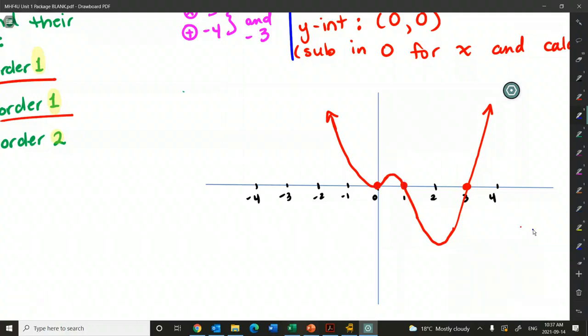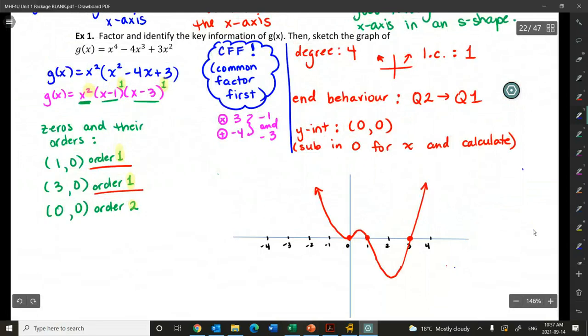I really don't know. Usually if you're doing a turning point in between 2 zeros, it does not go particularly high. But again, I just want you to have the correct behavior as you go toward your intercepts, correct end behavior, and correct x and y intercepts. That's pretty much all I'm looking for. Okay?